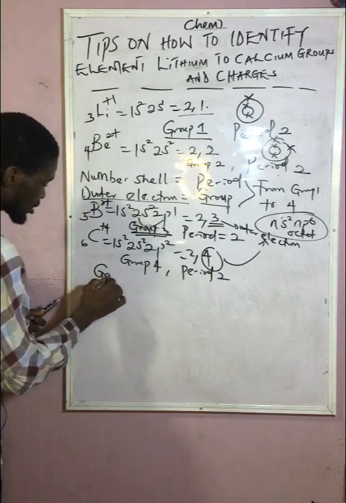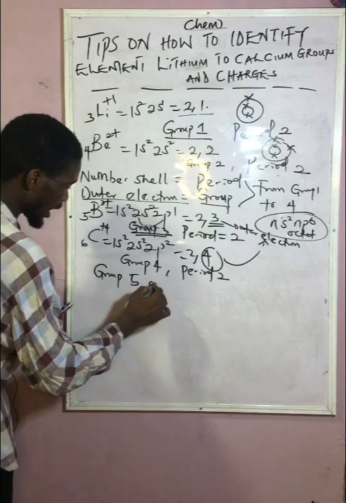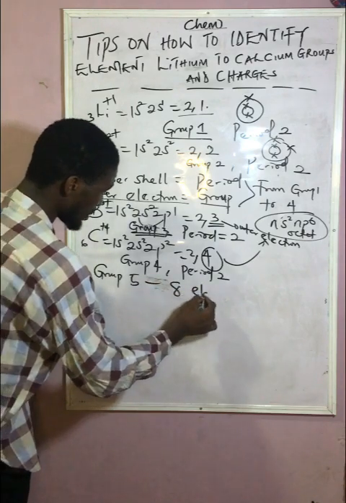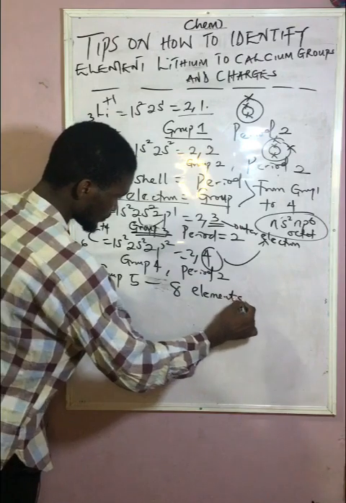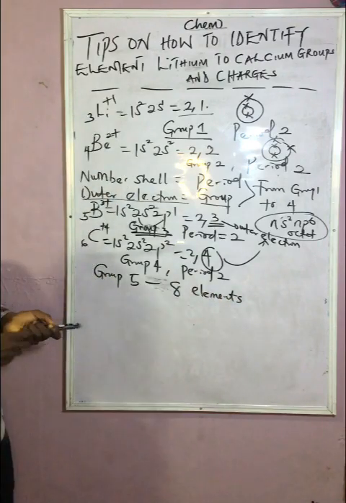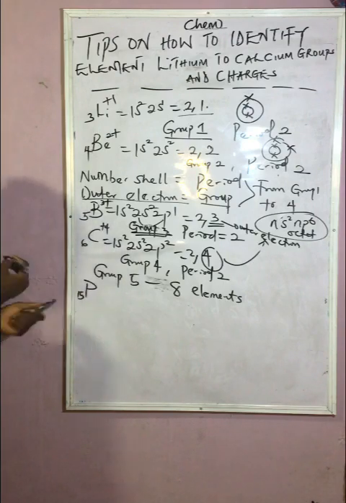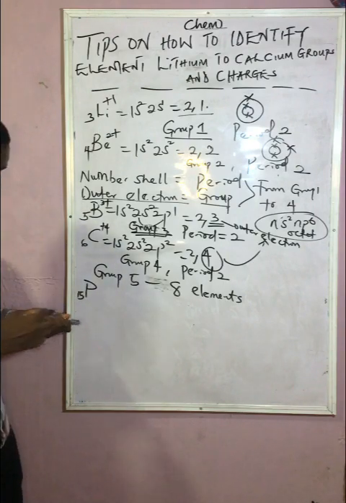So let's quickly move to the elements that belong to group 5. So you can say group 5 to 8 elements. Are you with me, class? So this group 5 now, I'll pick phosphorus, atomic number 15. So let's go, class.